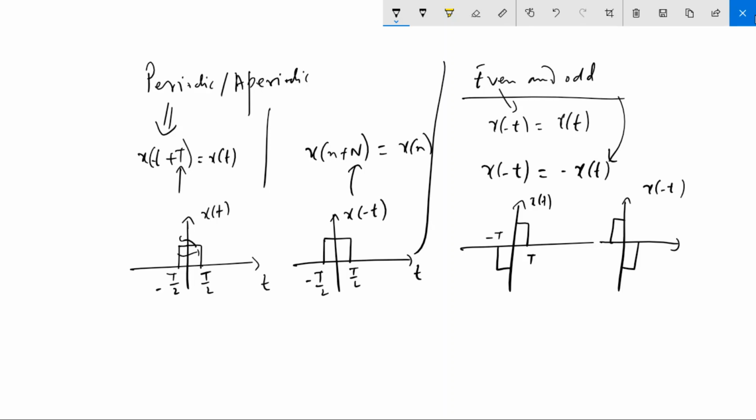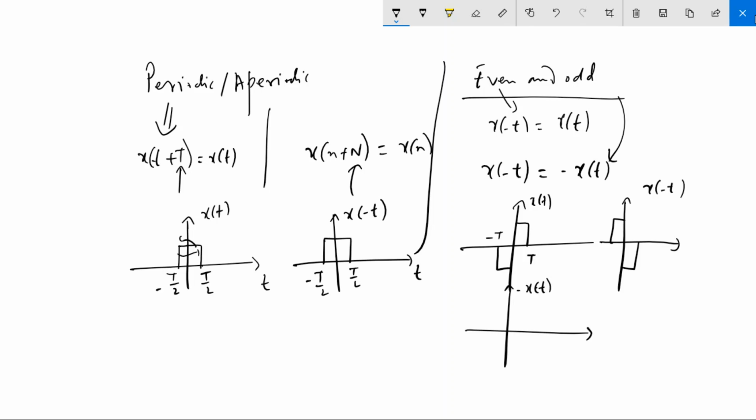But if I multiply x(t) with minus 1, I am basically reversing its amplitude.